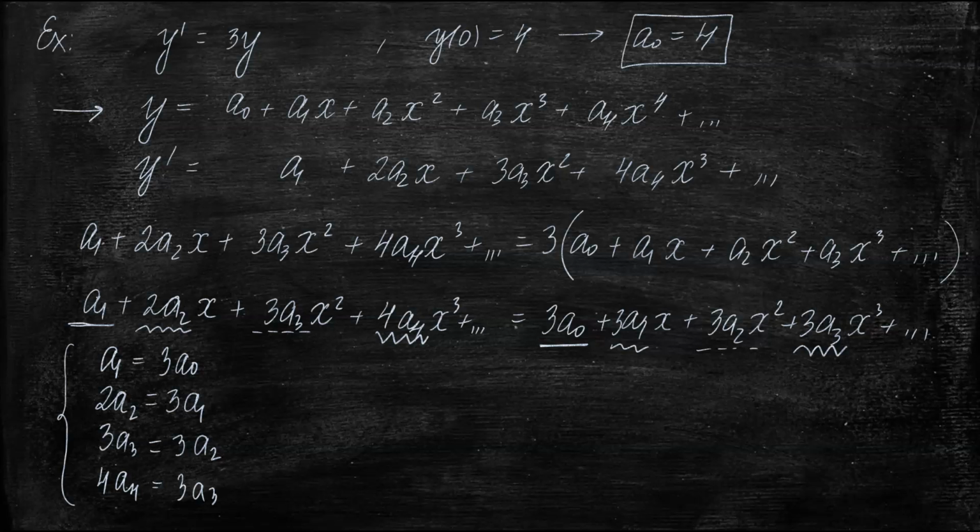And with that, now we can kind of unwrap the whole series. So if a0 is equal to 4, that means a1 is equal to 12.